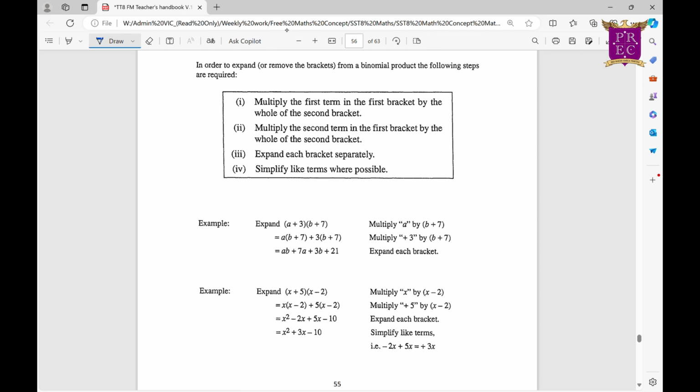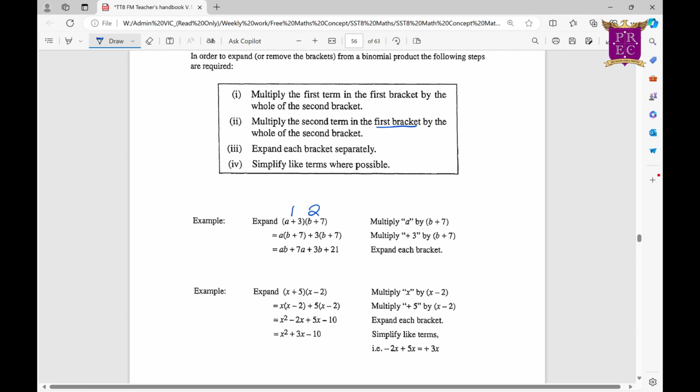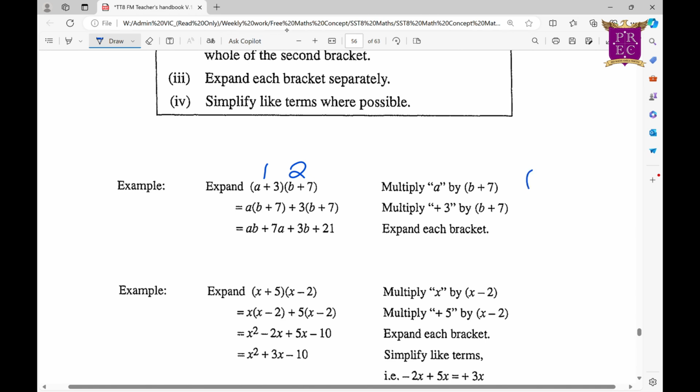But yeah, it asks you to multiply the first term of the first bracket by the whole of the second bracket and do the same with the second term of the first bracket. So this is bracket 1, and this is bracket 2. And you notice how they've broken up bracket 1 into 2, broken it up by its terms.